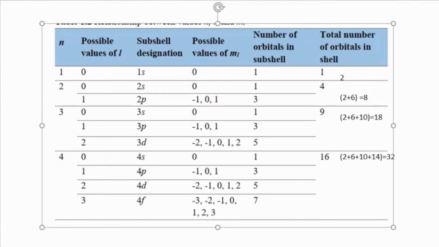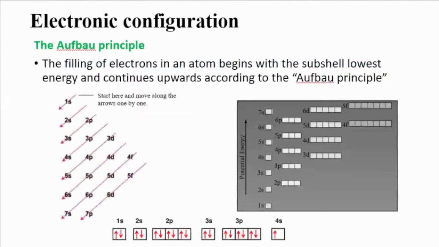Okay, then since you don't have any questions, I'll move on to the next part. It is electronic configuration. Up to now, we know the things about main energy levels and subshells. Main energy levels and shells are the same.